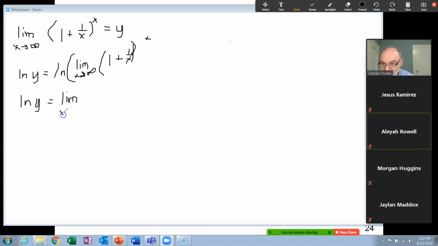The limit as x approaches infinity of the log of this. Now this is taking so many steps. So I'm going to put this in brackets here.